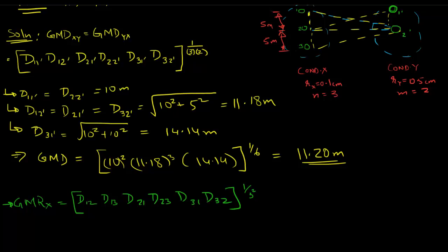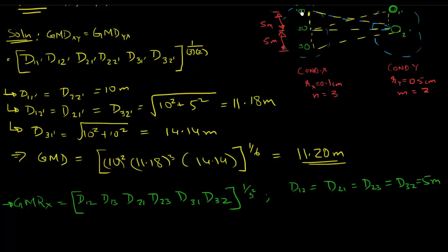Now here again we know D1 to 2 is equal to D2 to 3, which is equal to D2 to 1 and D3 to 2. So what do we know? We know that D1 to 2 is equal to D2 to 1, which is equal to D2 to 3, which is equal to D3 to 2, which is all equal to 5 meters. Agreed?